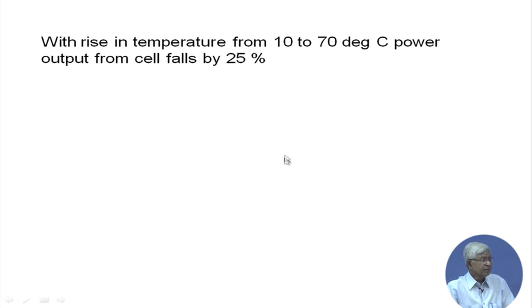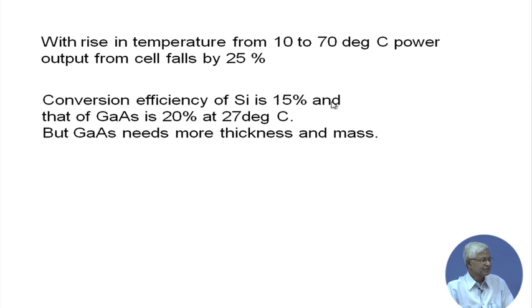There are other problems. With temperature variation, the power output from the cell falls. As the temperature rises, it falls, and of course solar cells face different temperatures at different times. When it is away from the sun or at a certain tilt angle, it will face different temperatures.